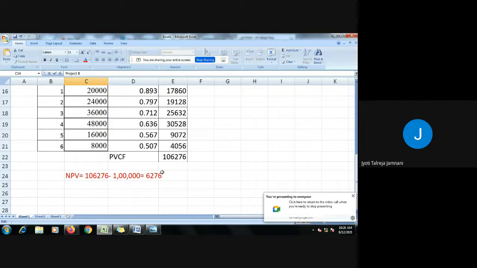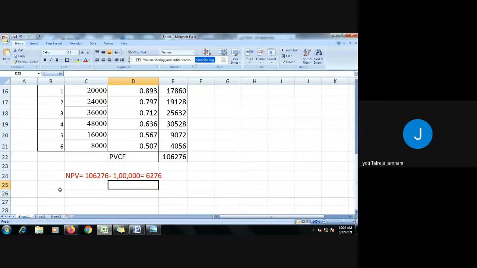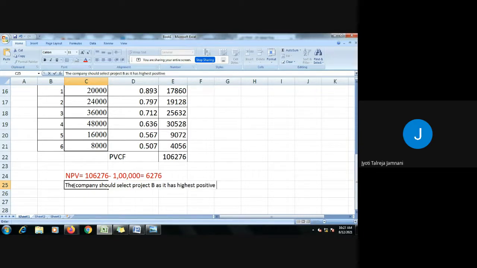So therefore the company should be selecting project B. So when we are thinking of investing in either A or B, we are thinking to invest in B because it is giving the highest positive NPV. So here we will write the comment, the company should select project B as it has highest positive NPV.